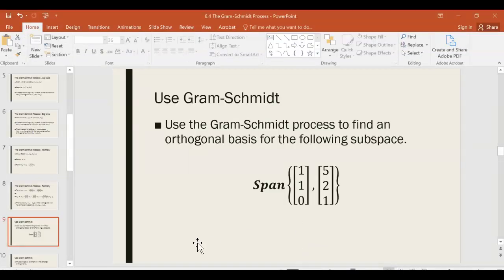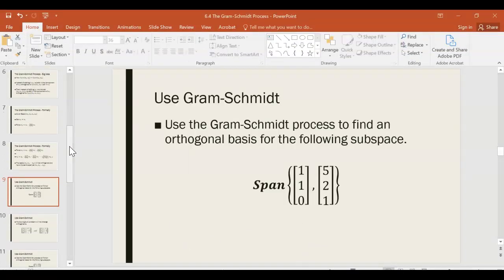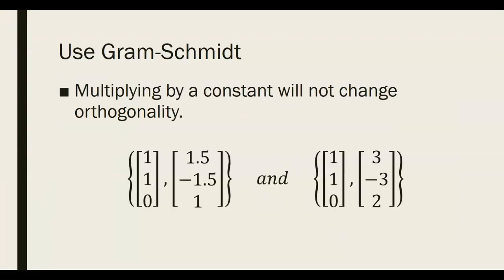Similarly, you could have taken the second element, 1.5, negative 1.5, 1, and multiplied it by 2. So I will say that multiplying by a constant will not change the orthogonality, okay? Now, this is important when you do homework and you're plugging in your answer: always plug in this version here.